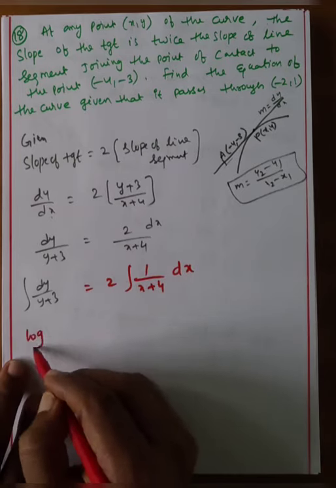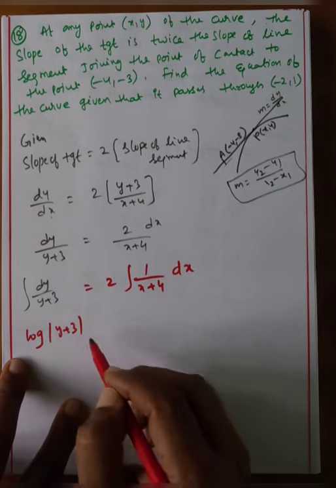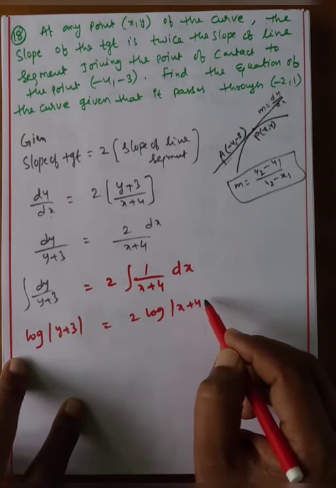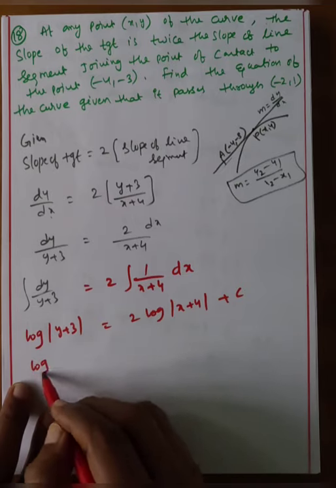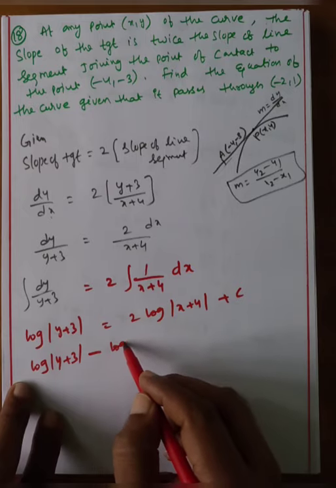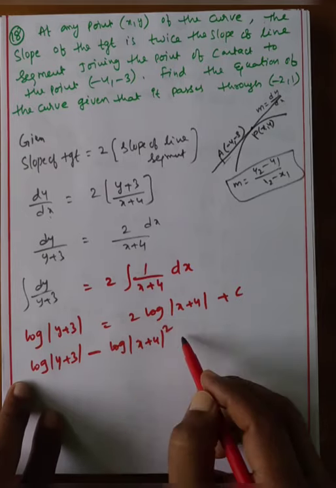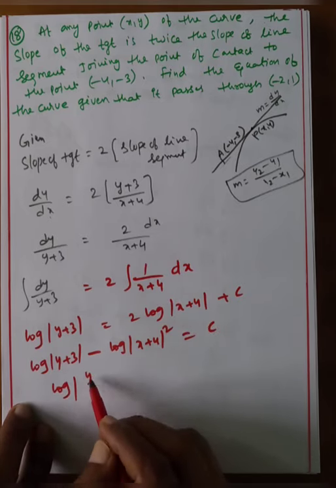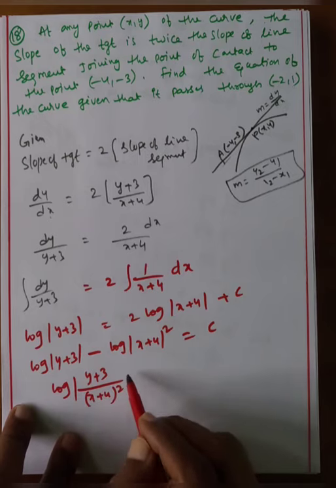This is log of y plus 3 is equal to 2 log of x plus 4 plus c. So log of y plus 3 minus log of (x plus 4) whole square is equal to c. Log a minus log b is log a by b. So (y plus 3) by (x plus 4) whole square is equal to c.